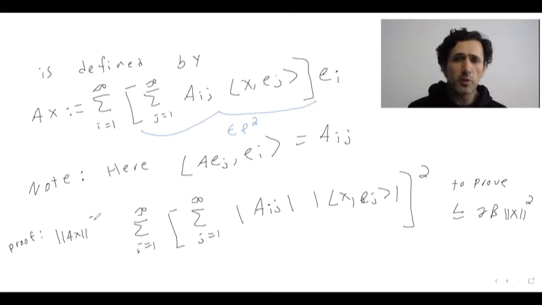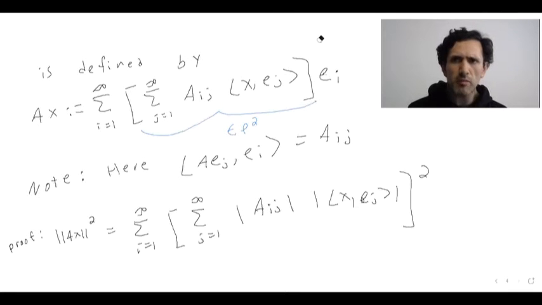The norm of Ax squared is going to be the L2 norm squared of this sum here. So, because this is true for any x, we'll get that the norm of A is less than or equal to gamma beta, if we can do this. Okay, right, so this is what we need to prove.